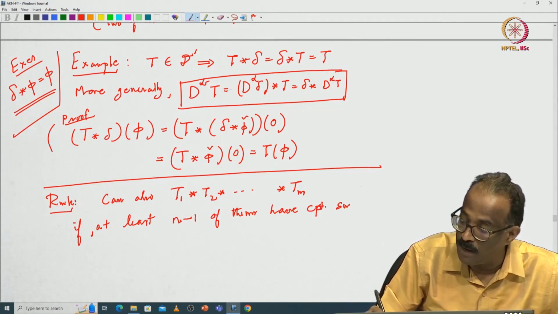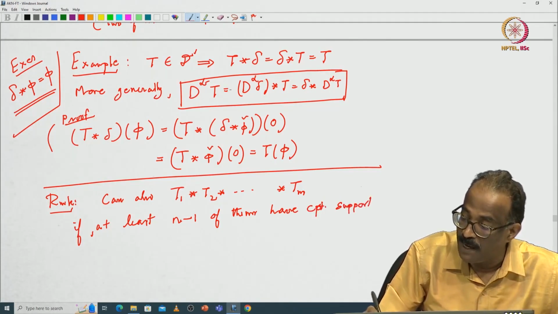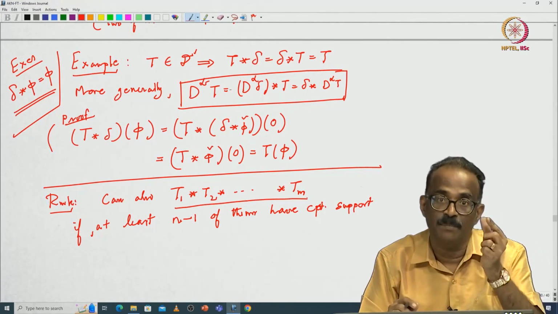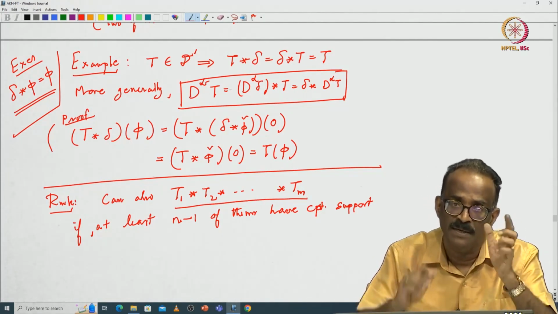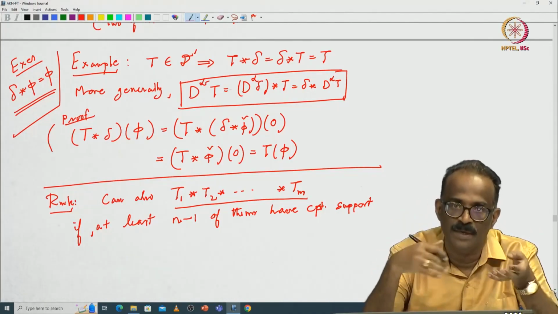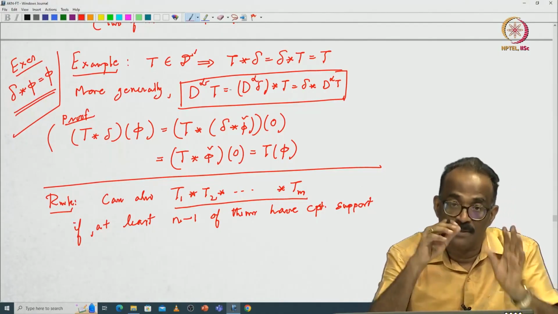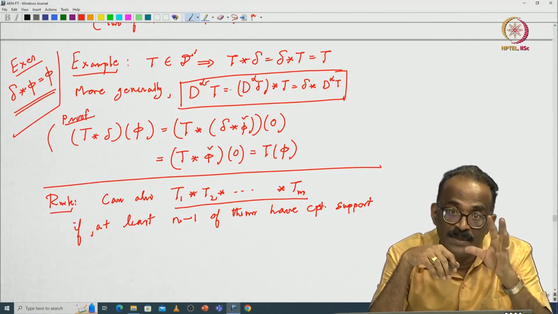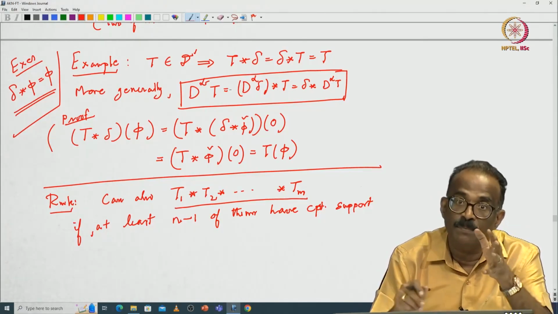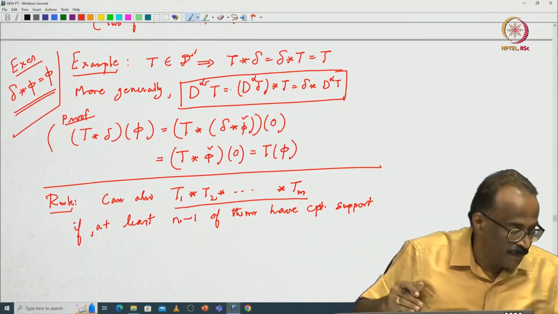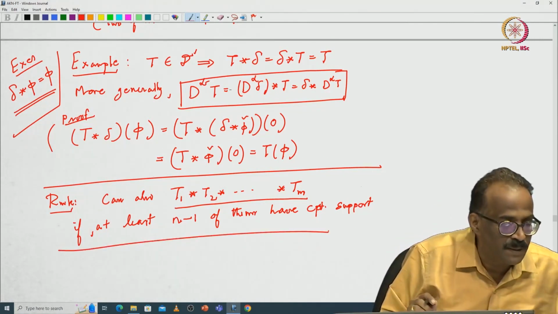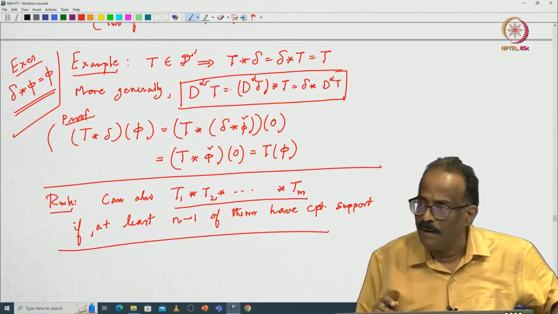And there is no ambiguity because of the associative law. So you can define it in whatever order, it does not matter, there is commutativity and associativity. Which way you are bracketing is immaterial. That is what you do for the usual product. So that is why commutativity and associativity will help you to define the product without ambiguity. Okay. But let me see whether one example can be okay.